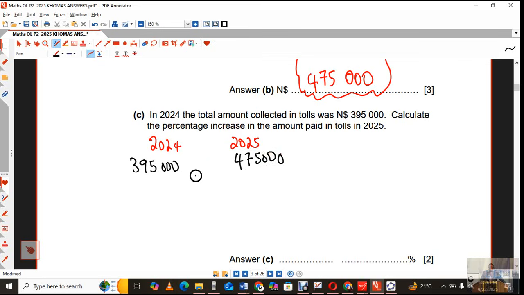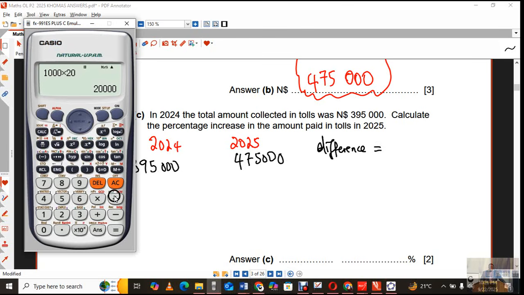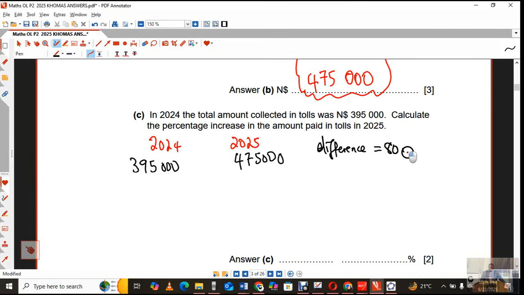Now, if you take the difference, that means you subtract 395,000 from 475,000. 475,000 minus 395,000 is 80,000. So the difference is 80,000.